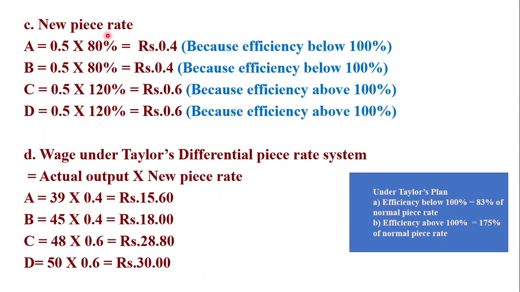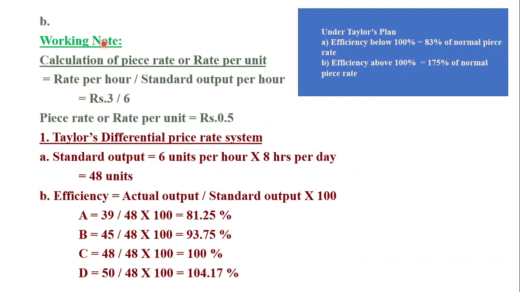Here the third step is the new piece rate. Here we have to calculate the new piece rate based on Taylor's plan, based on the level of efficiency. See here, A's level of efficiency is 81.25%, which is below 100%.